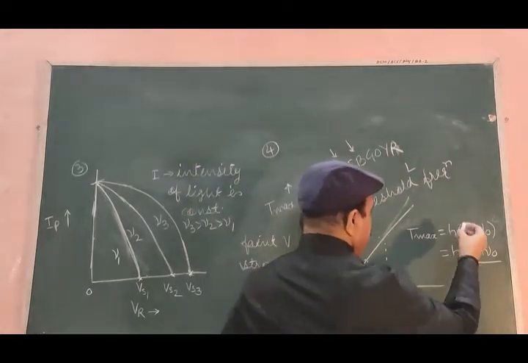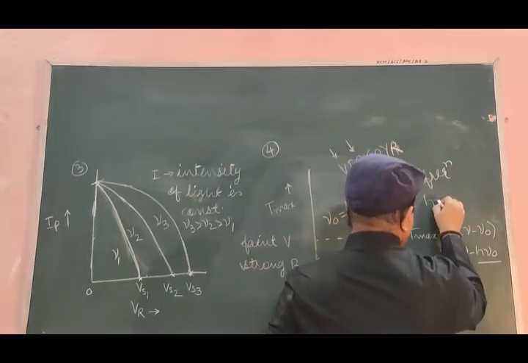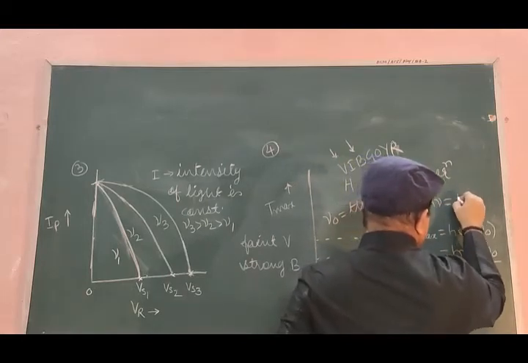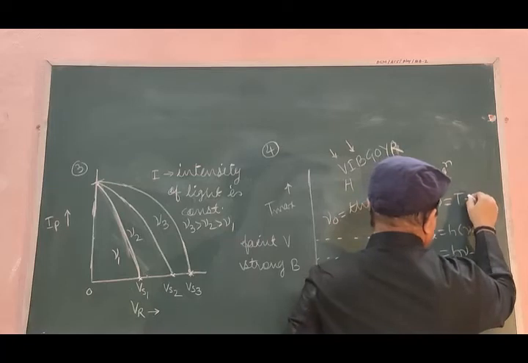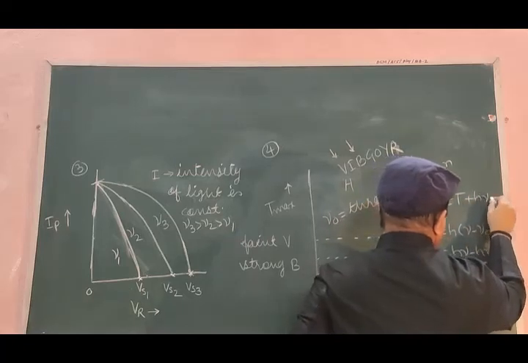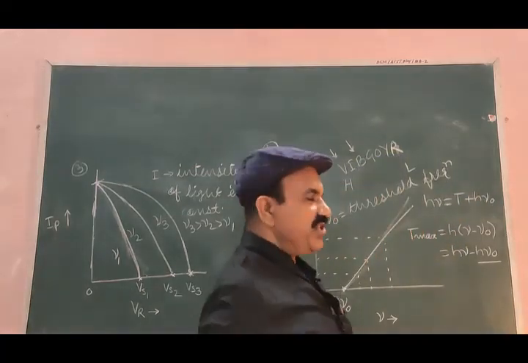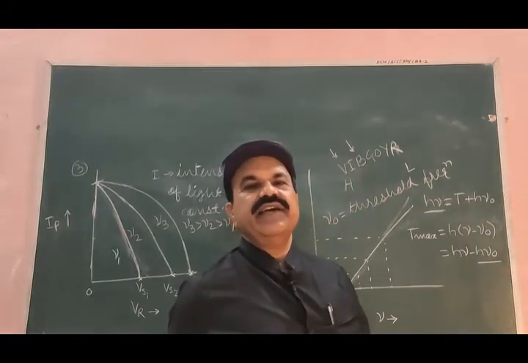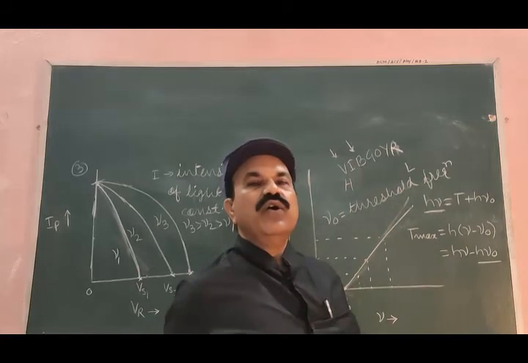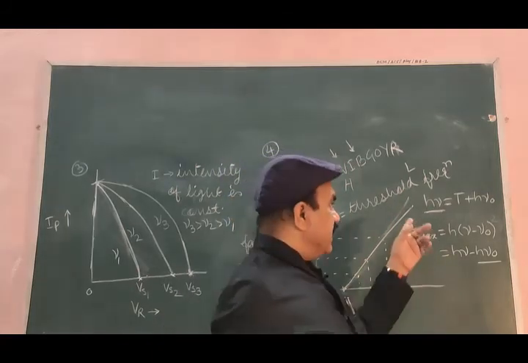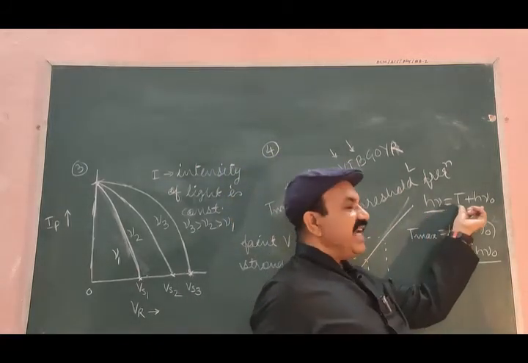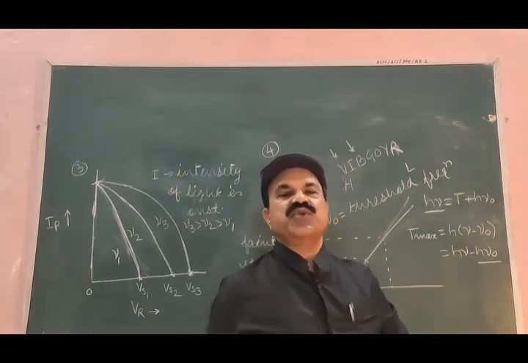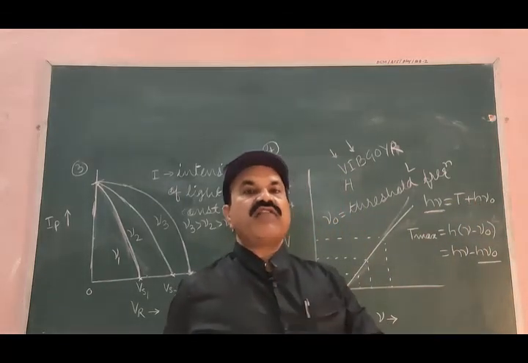Or from this equation, we may further write h nu is equal to T, the kinetic energy, plus h nu 0. What is the meaning of this? h nu is the energy falling on the photocell. This energy h nu is utilized in two ways. The part h nu 0 is known as the work function.